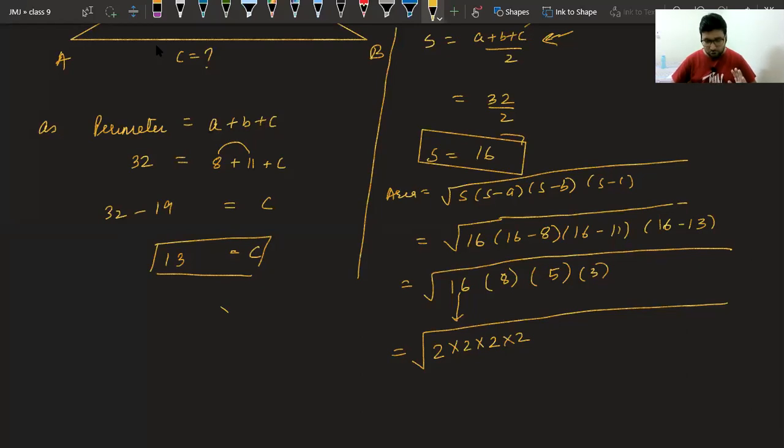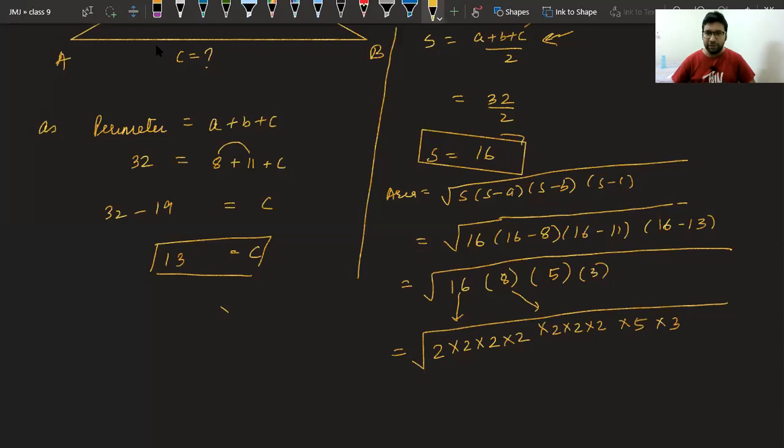Beta, I know it is 4 square also, but it will be better if you go for prime numbers only. So we have got 16 as 2 multiplied 4 times, 8 as 2 multiplied 3 times, then we have a 5, then we have a 3.